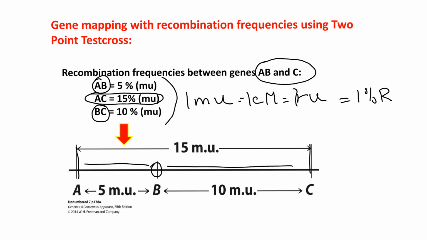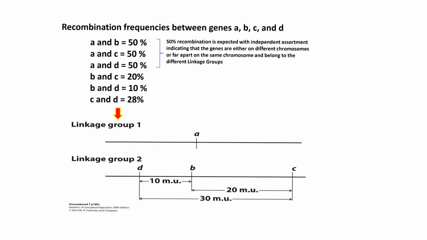Let's now solve a practical application: a two-point test cross with a series of crosses between genes A, B, C, and D, and there is something different. In this case, you see you observed crosses where you have 50% recombination frequency. So how do you proceed under this situation?